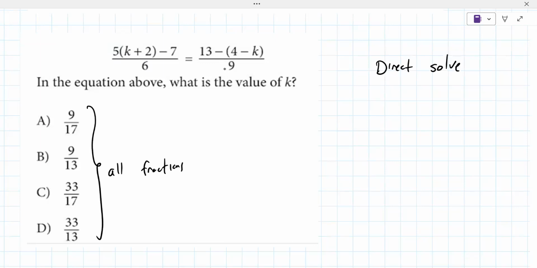And this is a pretty sophisticated problem here. I mean, there's no way to sort of guess what the answer could be. So, just like everything, it's never 100%. You don't know for sure. If you were to direct solve this, you'd want to multiply both sides by the LCM, the least common multiple, of 6 and 9, which ends up being 18.